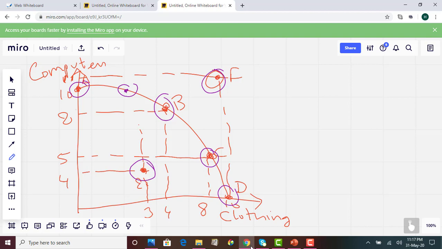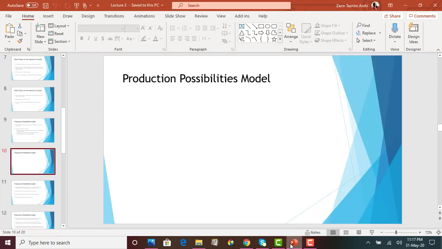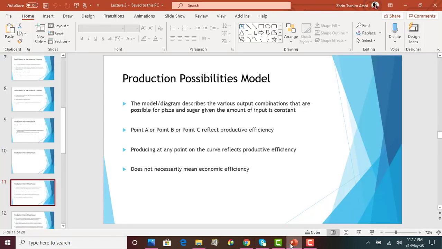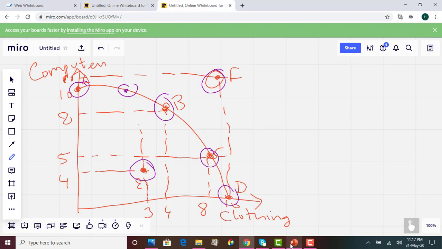Based on this, this model diagram describes the various output combinations that are possible for computers and clothing.